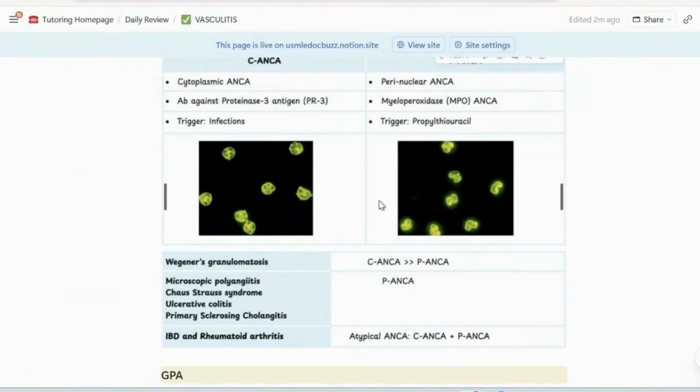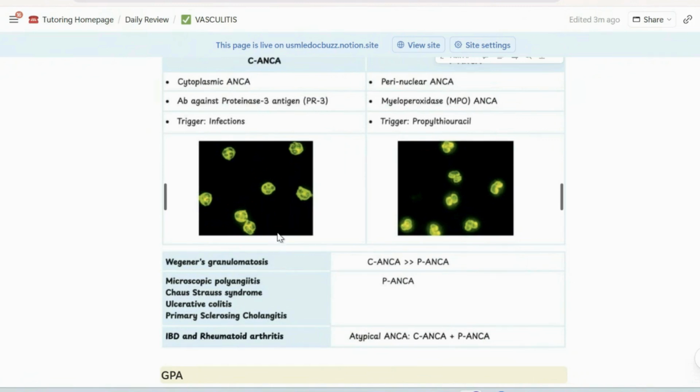Now, where do you see the C ANCA versus P ANCA involvement? Okay. First of all, Wegener's granulomatosis, or GPA, granulomatosis with polyangiitis, right? That one has more C ANCA compared to P ANCA. Okay, so they're essentially classified as a C ANCA based vasculitis. So an example of C ANCA based vasculitis is Wegener's, or granulomatosis with polyangiitis.